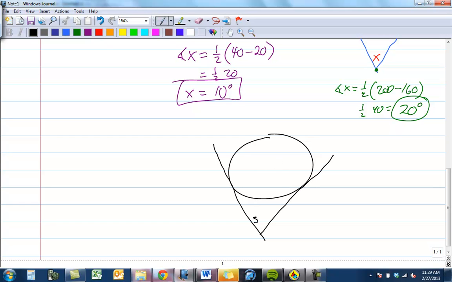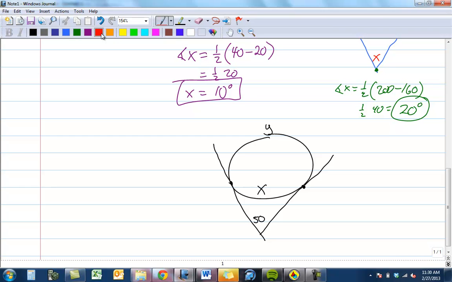And this is 50. And this is x. From here to here is x. Oh, and this is y. Let's call this y. Think about how to attack this.